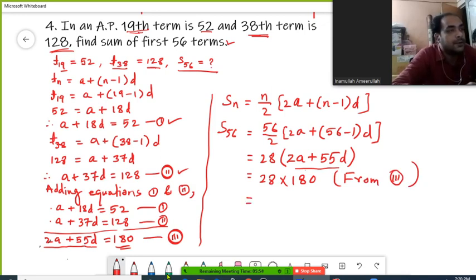So 28 into 180 is 5040. So the sum of the first 56 terms of this given arithmetic progression is 5040.